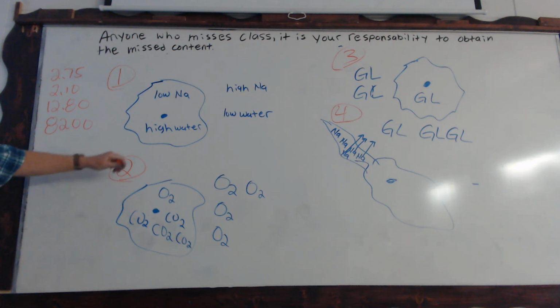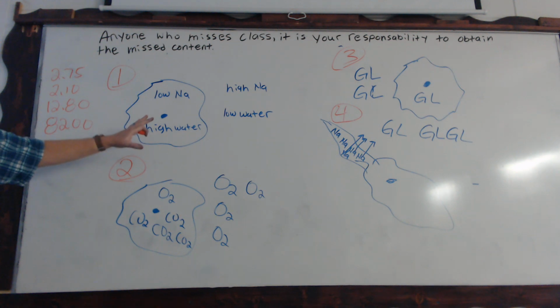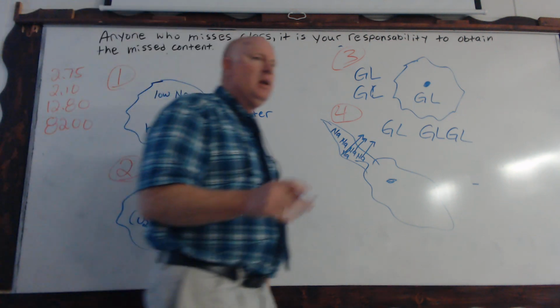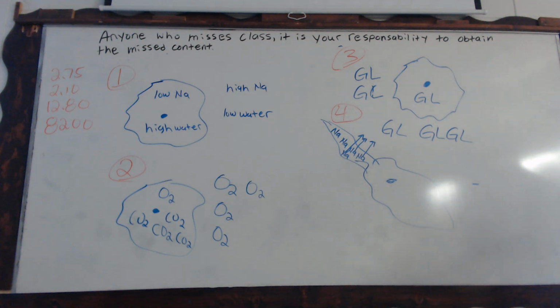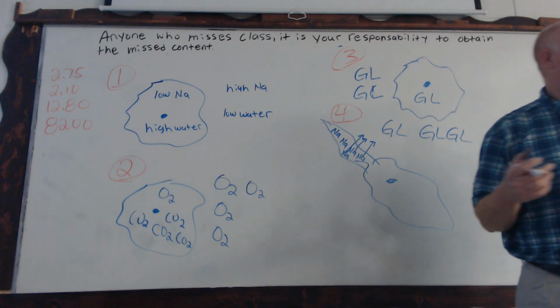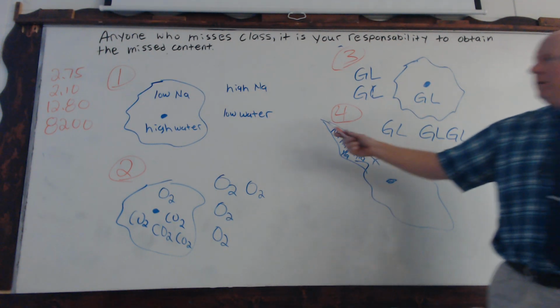So the reason we say interpret this is look to see what's actually moving across this cellular membrane. That's the clue. So number 1 is possibly which movement? Again, what are we moving?